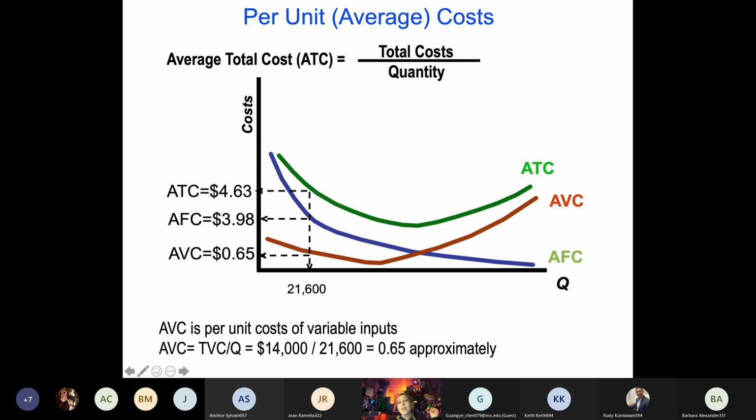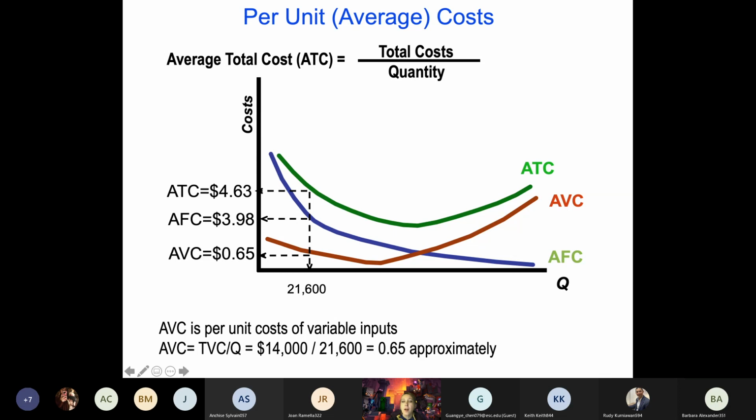That is approximately 65 cents per cup. So as of now, the per cup cost of production in your coffee shop is $4.63 per cup.